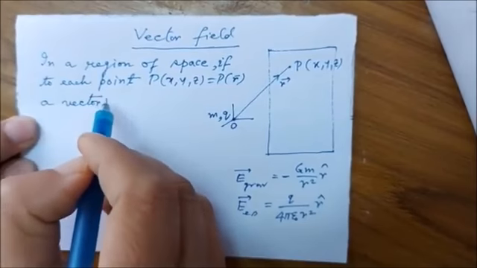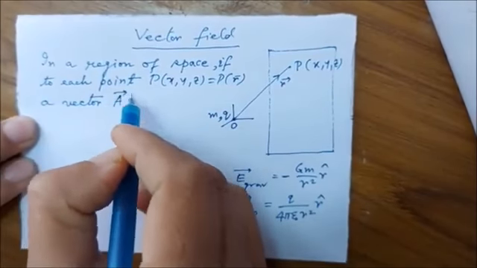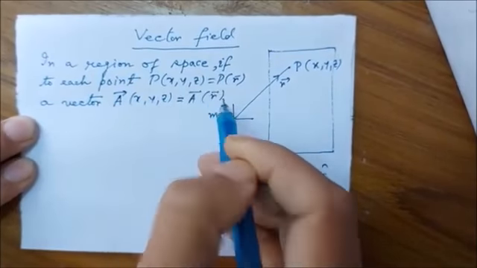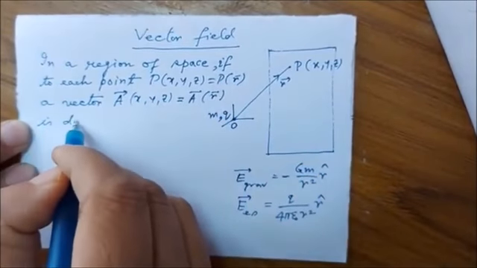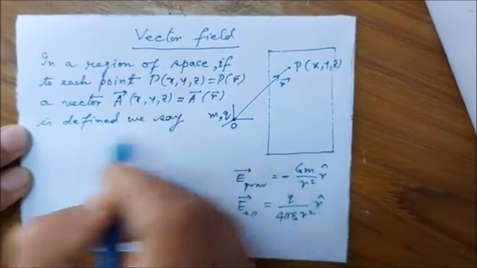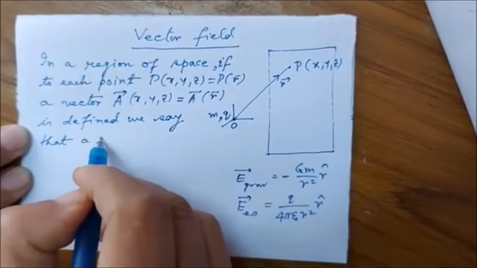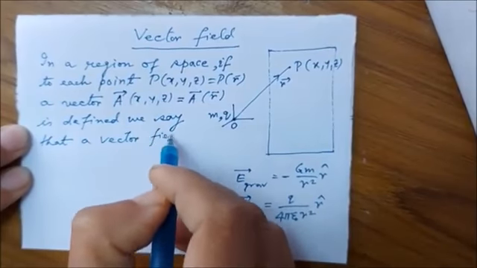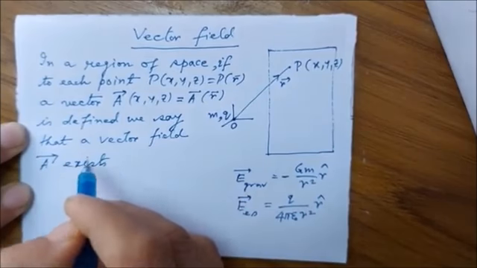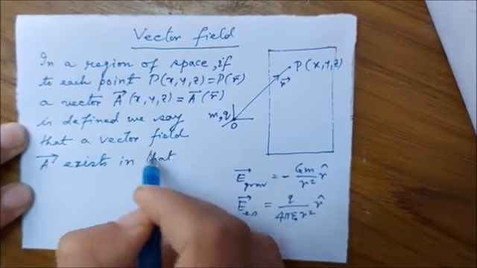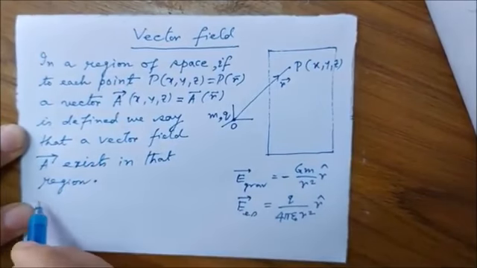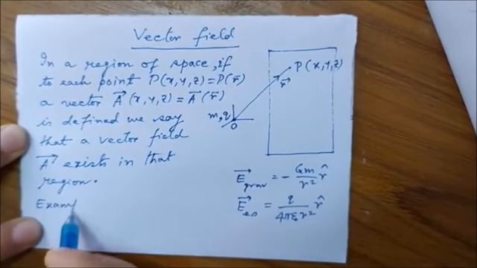a vector, and let us call the vector A, is defined, we say that a vector field A exists in that region of space. And we have given examples.